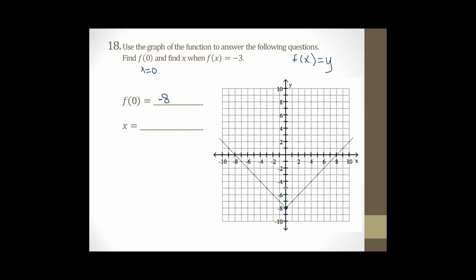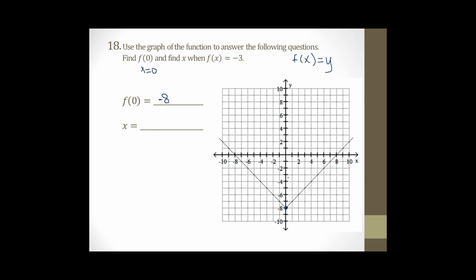So now it's asking for the x value when y is -3. Because remember, f of x is the same thing as y. So when y, or f of x, is -3, what are my x values?